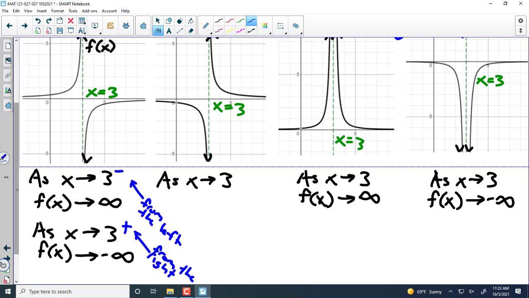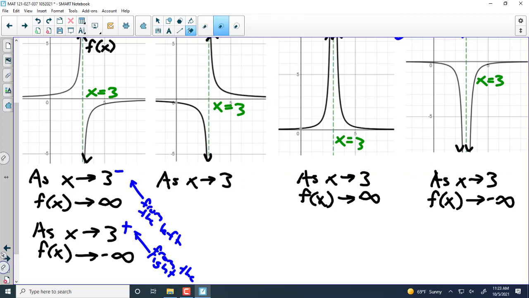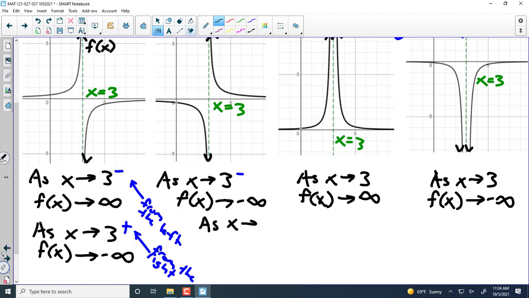So this one, let me do it the same way I did the other one. As we approach 3 from the left on this one, the graph goes down to negative infinity, and as x approaches 3 from the right on this one, the function goes up to infinity.